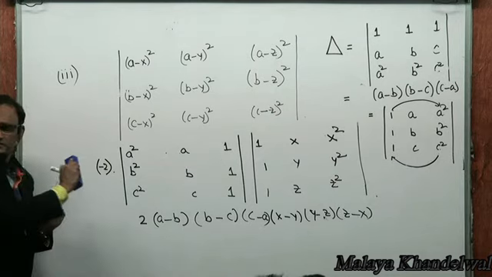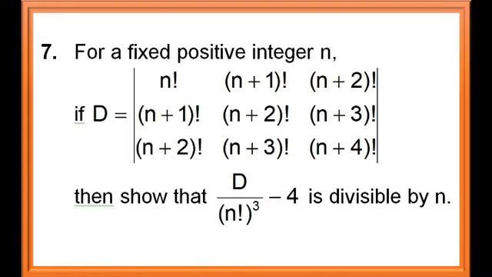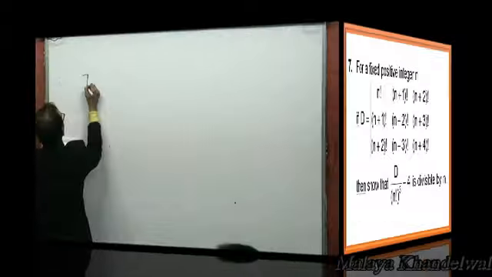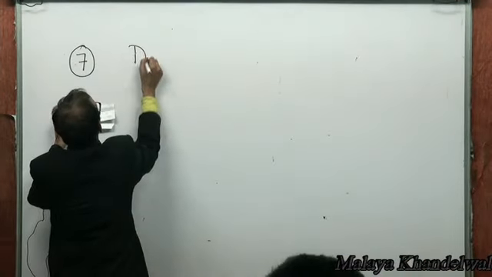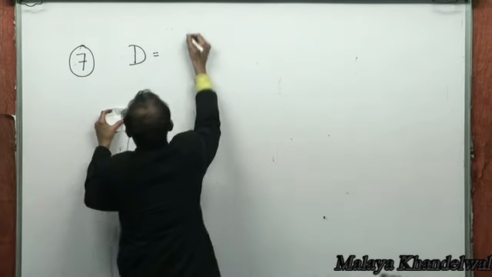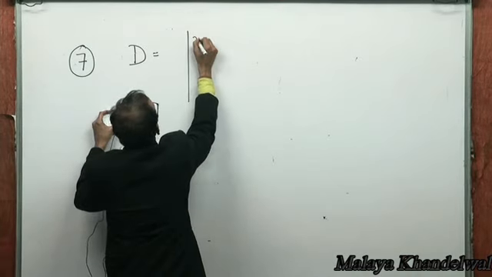Can I wipe this off? Seven. n is a positive integer, a fixed positive integer.